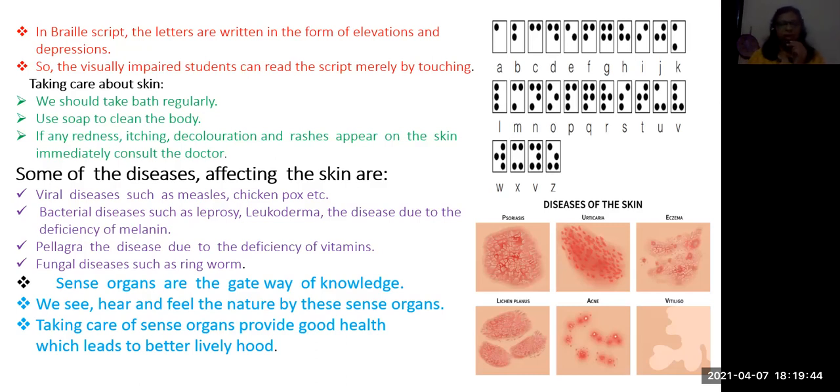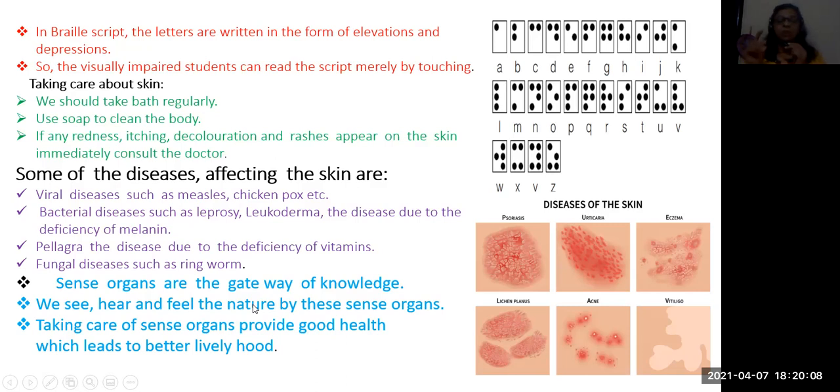That's why we have to take care of the skin. You can see here diseases of the skin. Different types of rashes will give different types of diseases. Okay, so go through properly and take care of your sense organs.